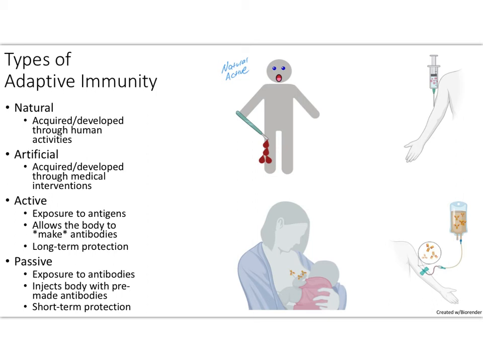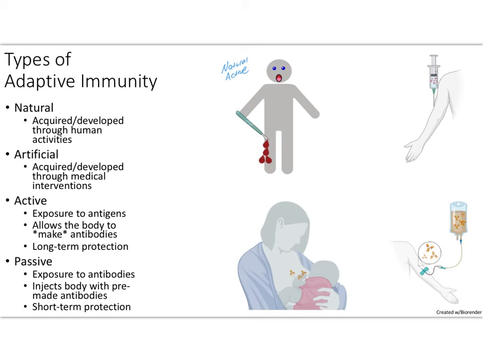Natural active immunity occurs when we do something that is normal to a human. We are exposed to antigens in the process, and our body responds by making antibodies. So this person has gotten a cut. While they got that cut, they were exposed to microbes.